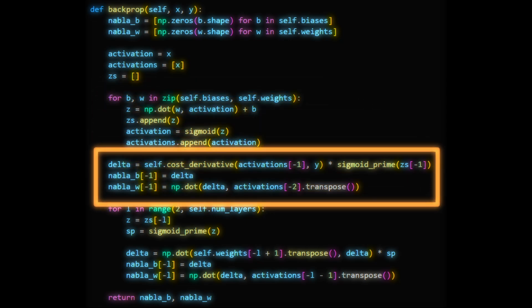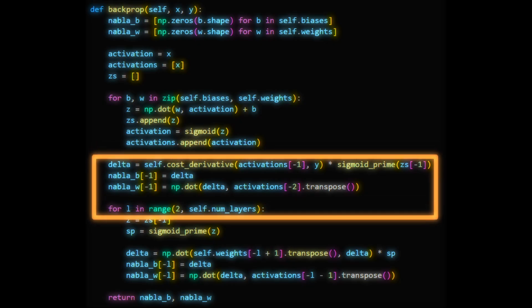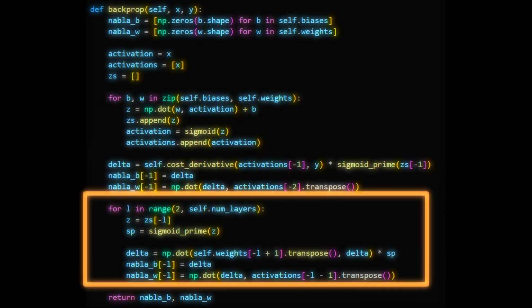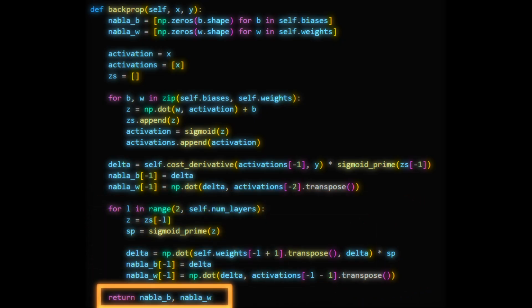Then we compute the necessary changes to the very last biases and weights, which I just showed the math for. Then we work backwards and compute the necessary changes at previous layers in a similar way we computed the initial biases and weights. Once we are done running this function, we will have acquired all the changes we wish to make to the weights and biases of our network for a single image.